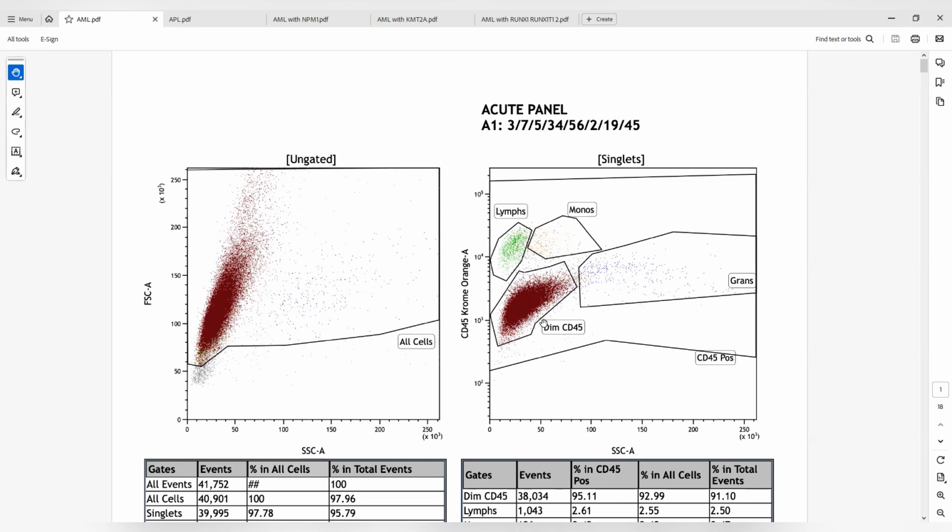So we said we need flow cytometry to establish that these are blasts, first of all. And then secondly, if these are blasts and we have an expanded population, we need to identify this blast population as myeloblasts or lymphoblasts or whatever.